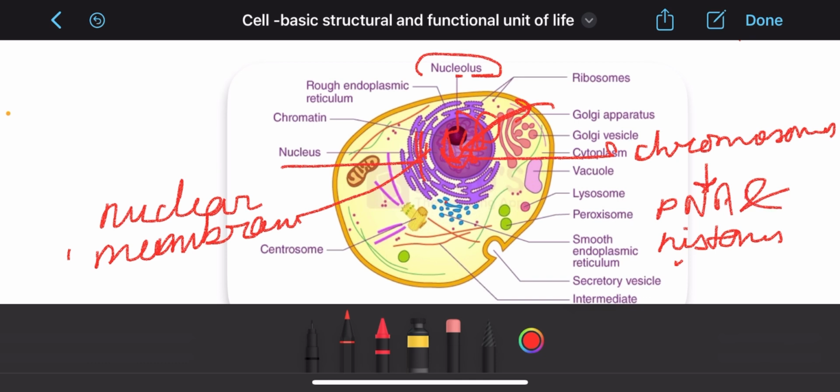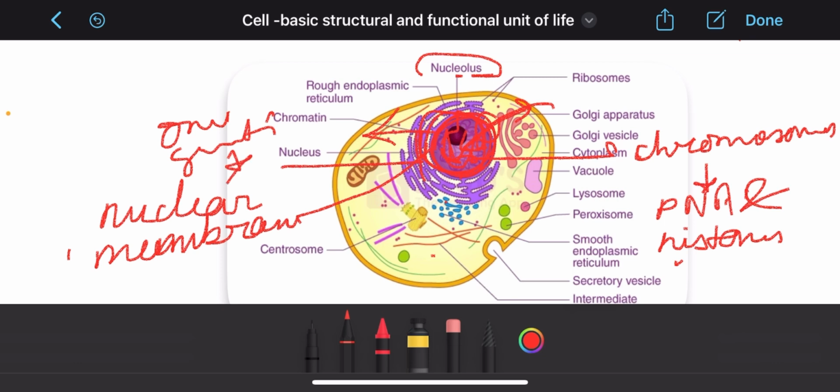The nucleus is also known as the brain of the cell. It is responsible for regulating the function of the cell. It contains chromosomes, which are the bearers of the material of inheritance, and they carry genetic information from one generation to the next.